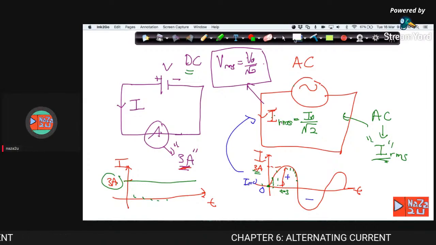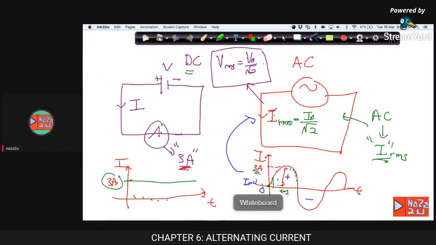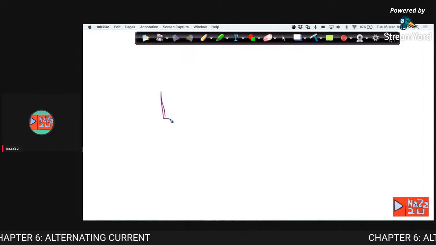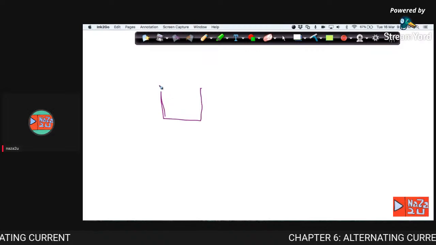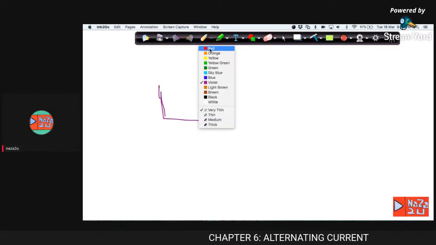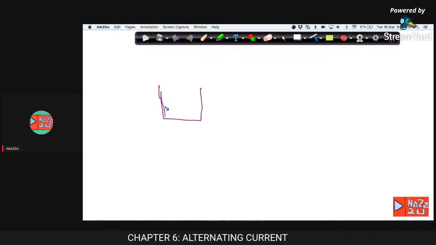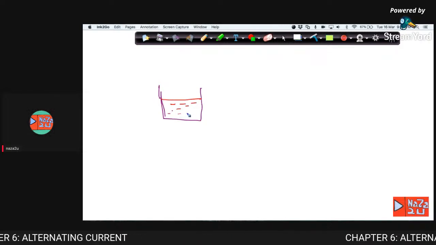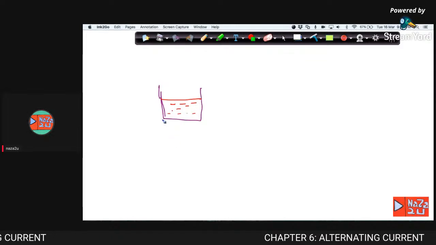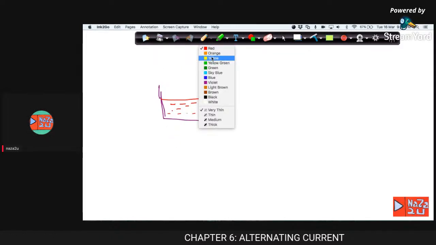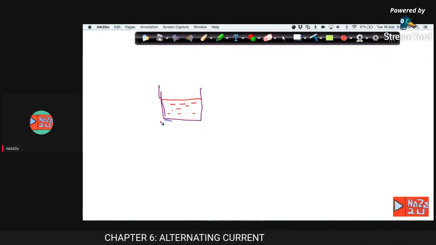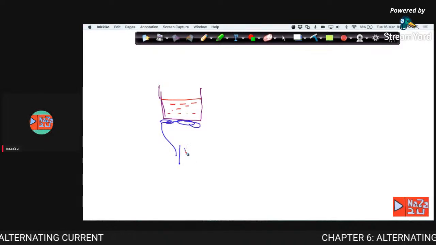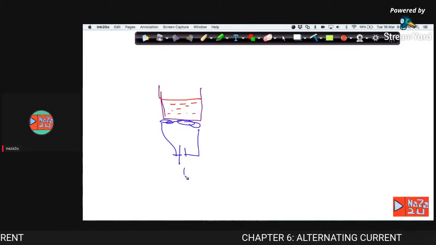Jadi katakanlah kalau saya ambil satu analogi, saya ada satu bekas, contohnya paling simple. Ni saya buat analogi untuk menyenangkan bagaimana kamu nak jelaskan RMS itu. Ada bekas, kita ada air kat sini. Lepas tu saya letakkan satu pemanas di bawah ni, iaitu kita sambung dekat satu electric power ataupun direct current ataupun DC.